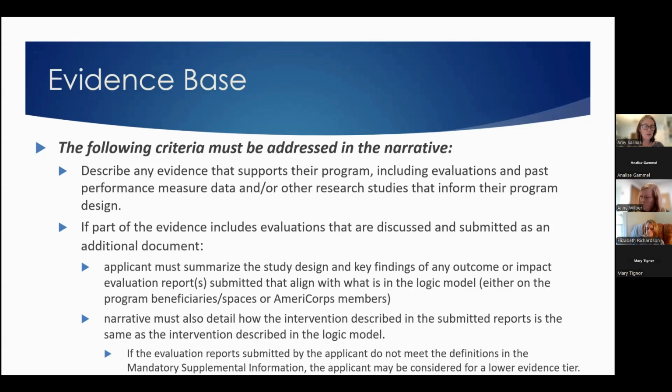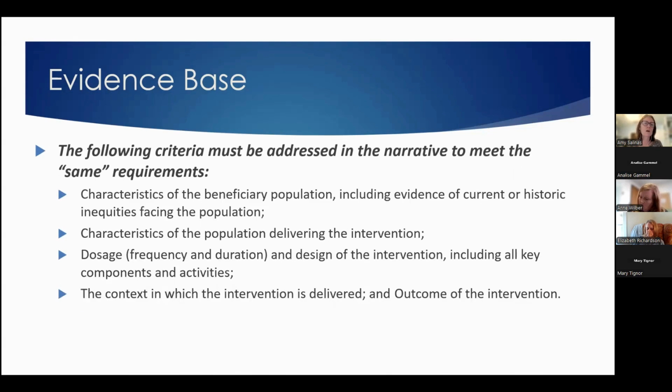If the evaluation is not one that you did, it's one that another person or another organization did, and you're using that evidence as your own because you're going to replicate their intervention, you have to talk about how you're the same as that entity. So you still talk about the study design, you still talk about the outcomes that were learned, but you also have to talk about the bullets you see here.